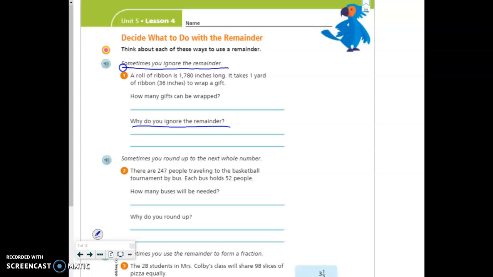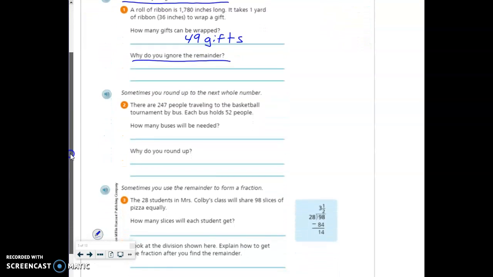And for your information, it would be 49 gifts. But there would be a remainder when we are done with that, and we would just drop the remainder out of our answer because that extra paper can't cover a full gift. So sometimes we might ignore the remainder when the story problem is asking for it.